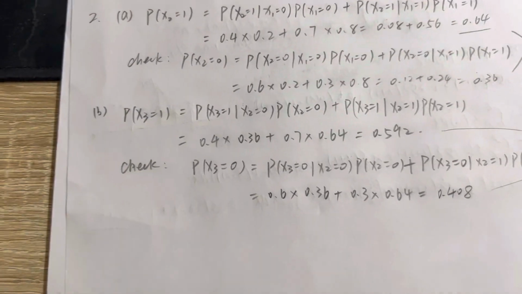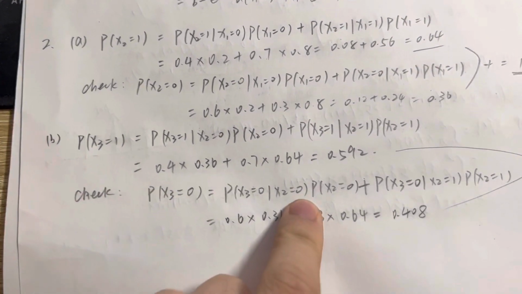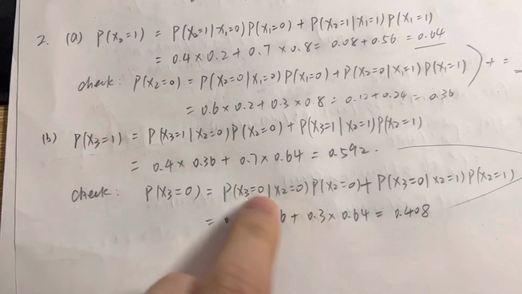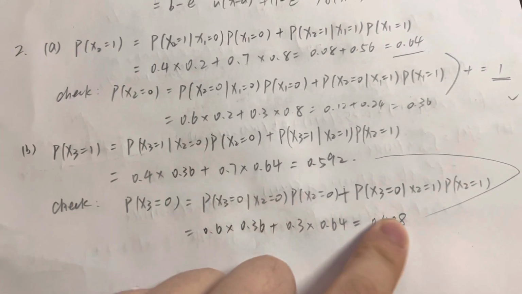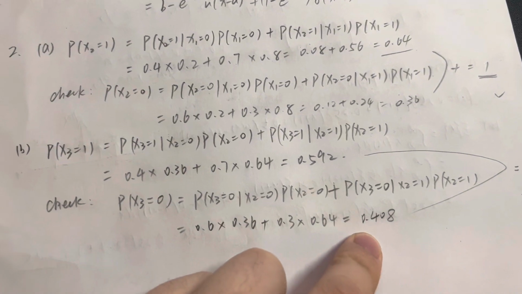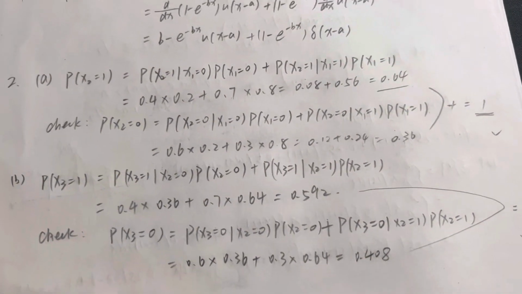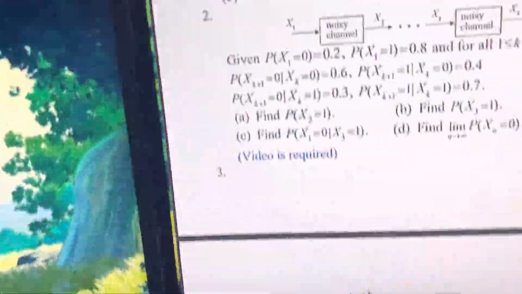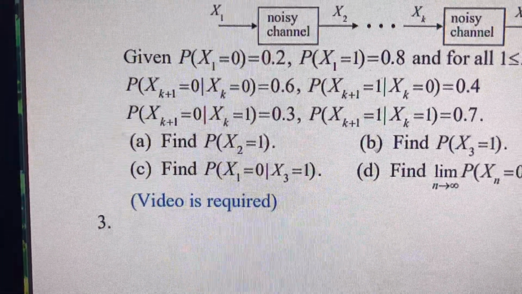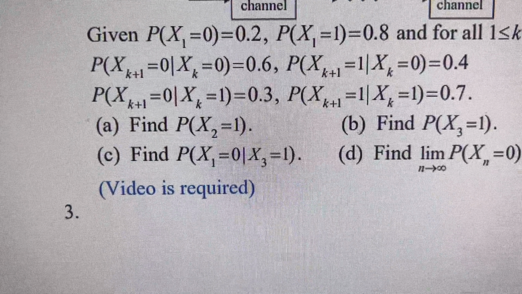We can check by calculating x3 equals 0: 0 as output with each input, and 1 as input with 0 as output, which gives 0.408, and it adds up to 1. It also checks.